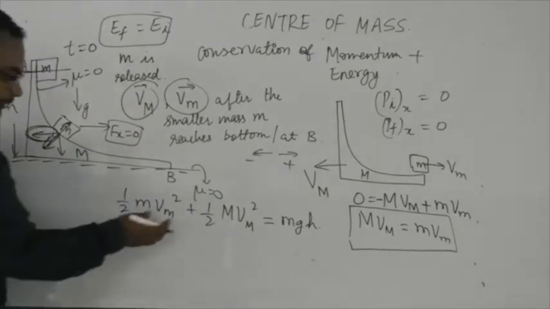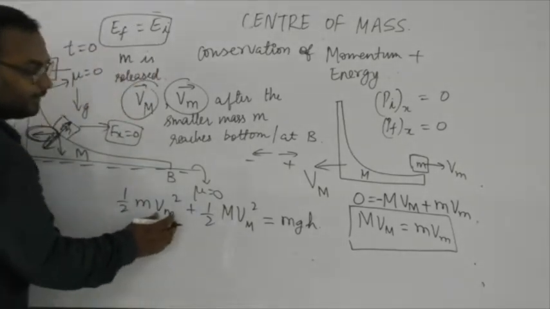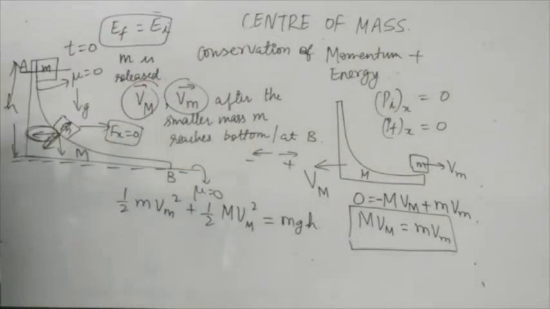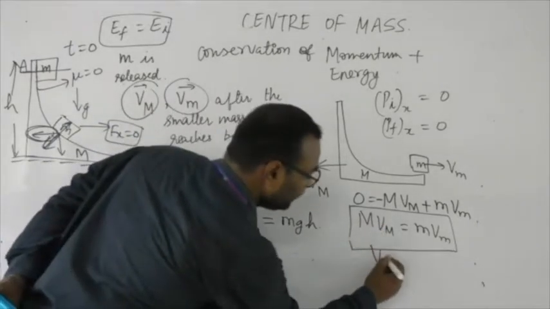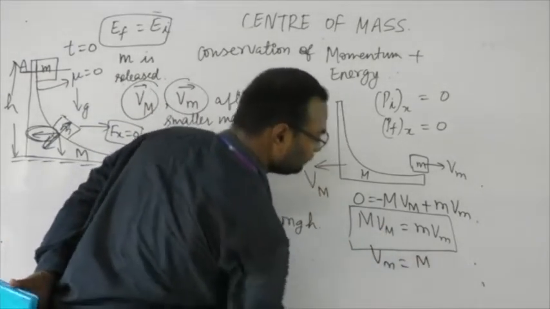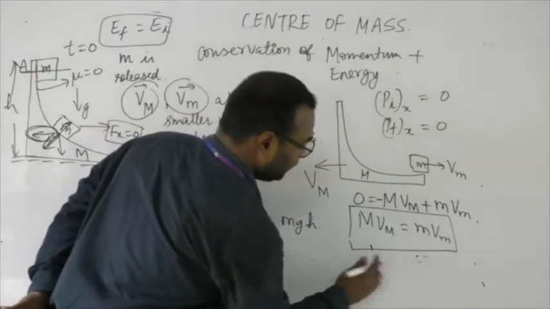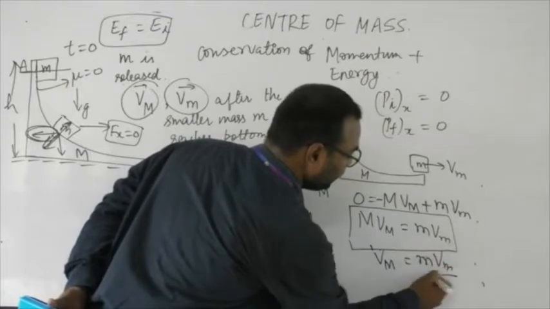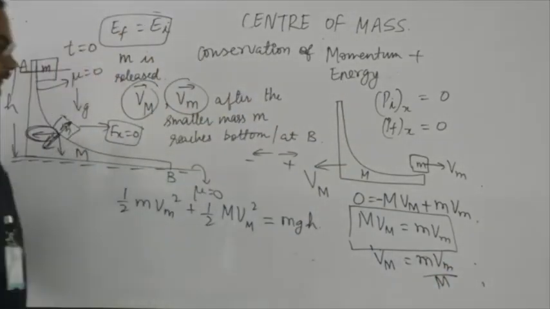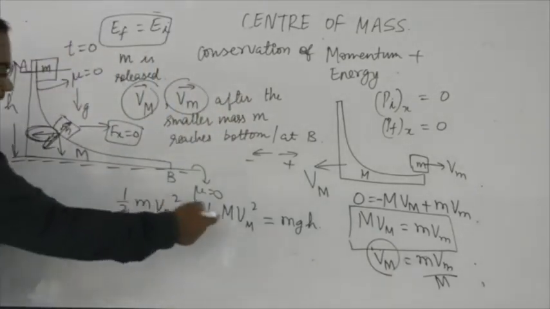Now from here we can get the relation of the velocities. If I want to find the velocity of small mass m, then we can substitute the velocity of capital M as m v_m upon capital M, in place of the capital M velocity here.